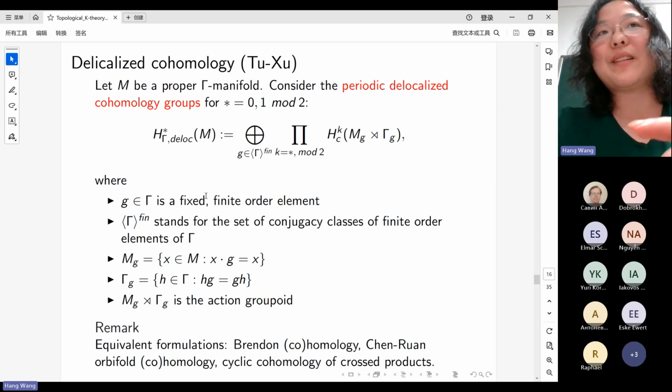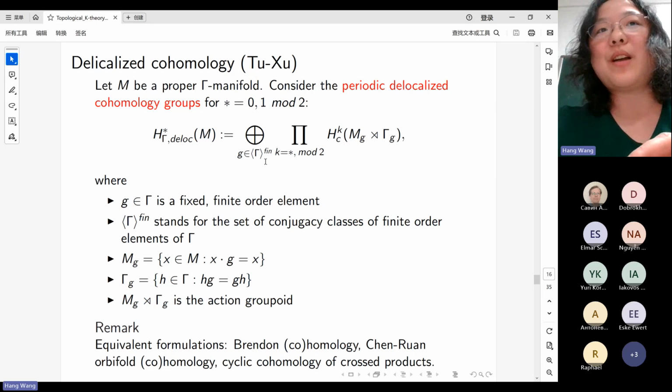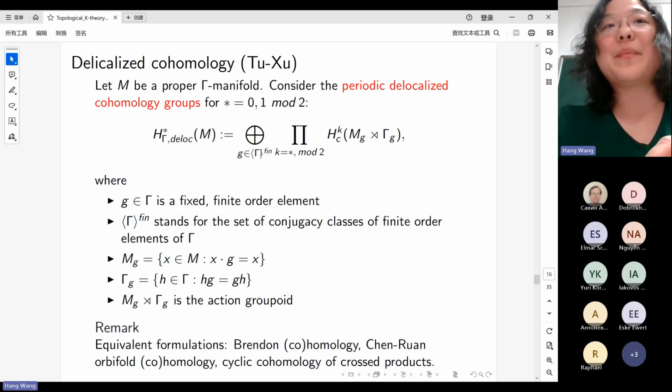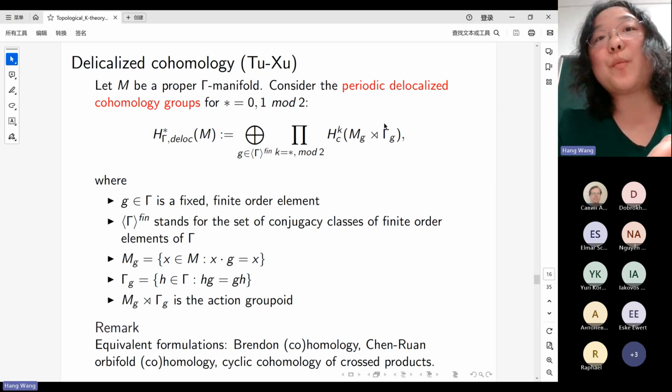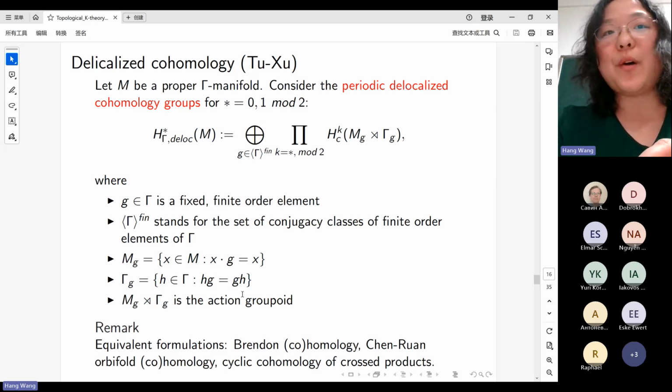This delocalized cohomology is essentially decomposed into conjugacy classes of gamma, and over each conjugacy class, the component is just the cohomology of a groupoid, and the groupoid is the transformation groupoid on the space of the fixed point submanifold acted on by the group of centralizers of a group element inside gamma.